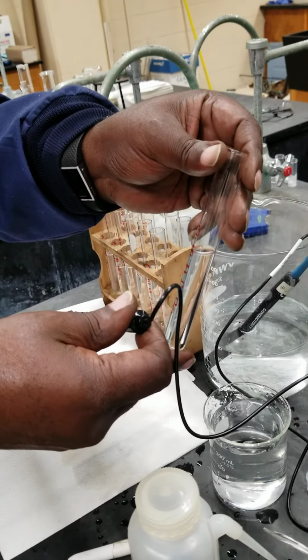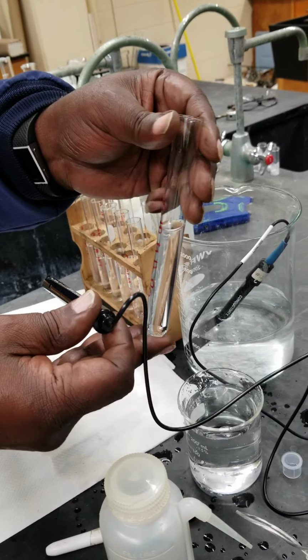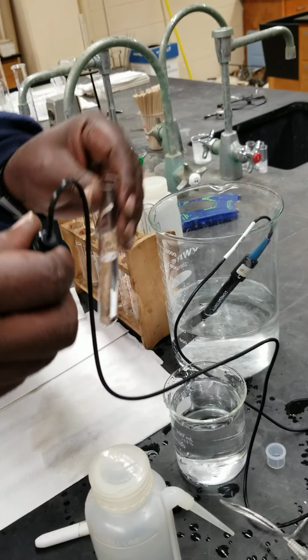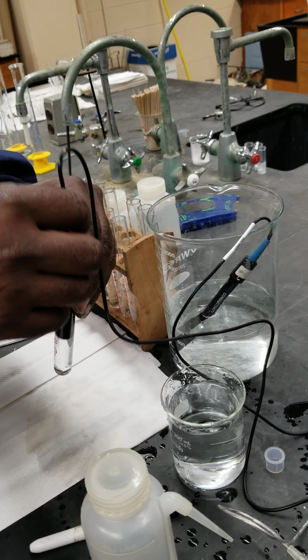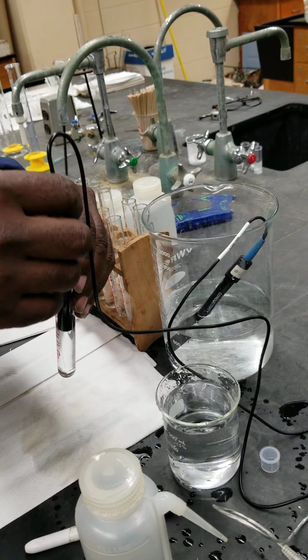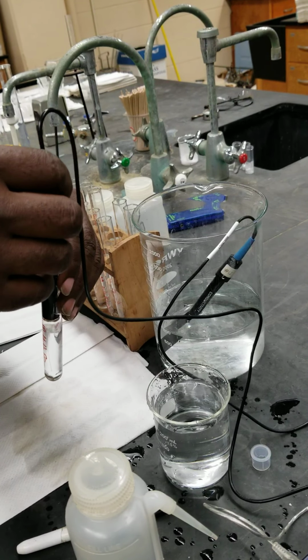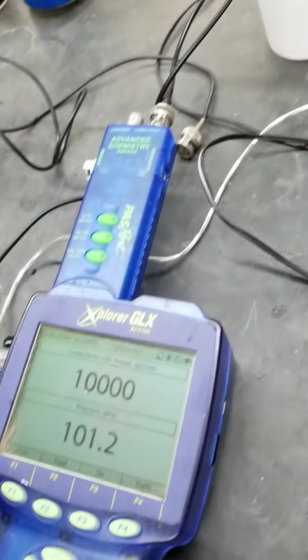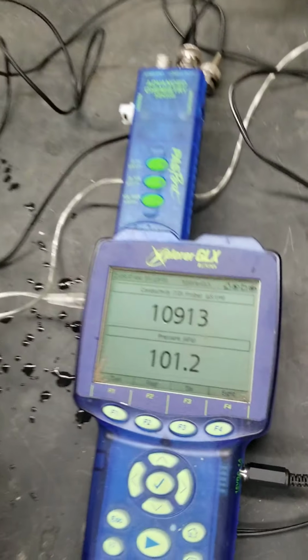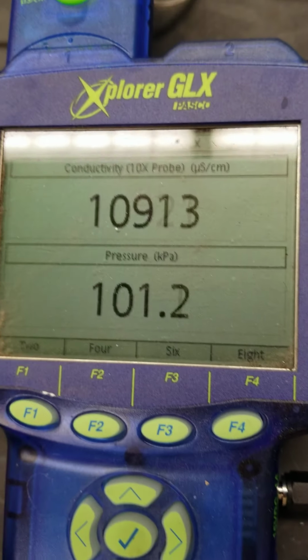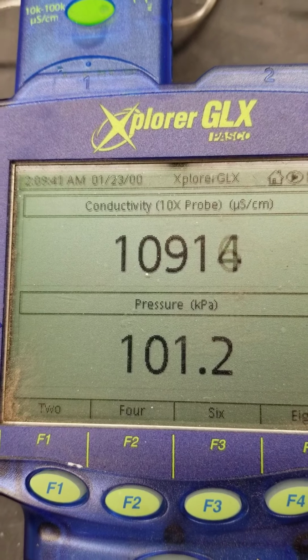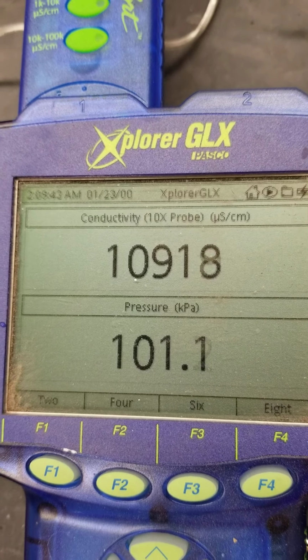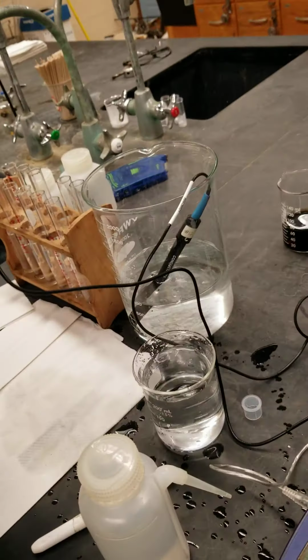Phosphoric acid, 0.10 molar phosphoric acid, H3PO4. Floods, go back to a less sensitive scale. So there we go for phosphoric acid. Let's read that as 10,915. Phosphoric acid.